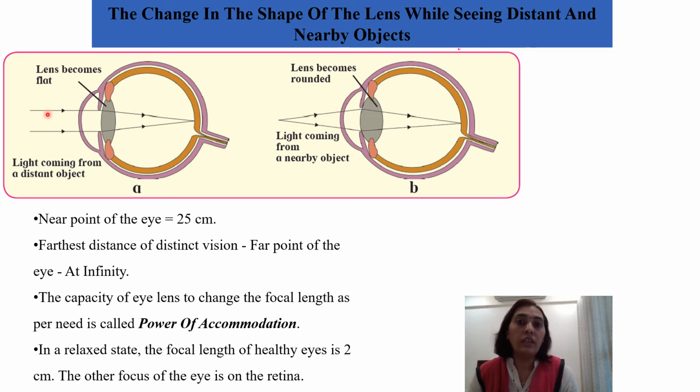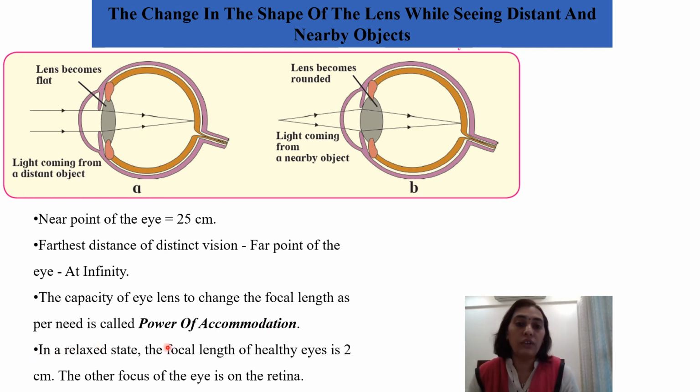Accordingly, you can see any object from infinity to a minimum distance of 25 centimeters. That is brought about by the lens by changing its focal length. This capacity of the eye lens to change the focal length is referred to as the power of accommodation.